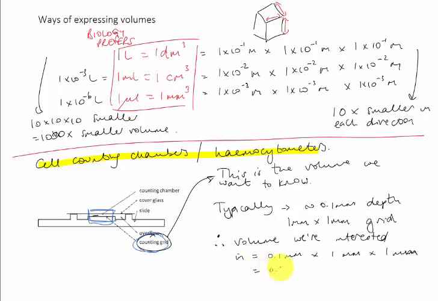So that would be 0.1 millimeter cubed, and so that is equal to, sorry, 0.1 microliter. Okay, so that's the important point here: we're multiplying these three different dimensions in millimeters, and we end up with a volume in microliters that contains the cells we're interested in. We don't really care about the volume that we pipetted into the hemocytometer, because most of that just goes into the overflow, and we don't count that.